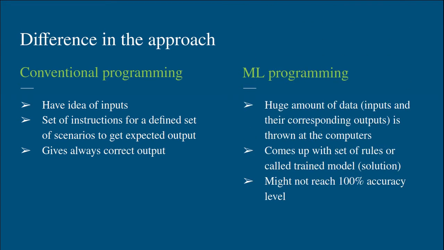Whereas in machine learning, a huge amount of data is thrown at the computer, which in turn processes all the data and comes up with something called a trained model or solution, which can map input to output with the minimum possible error. Then this model is used to solve the unseen problems of the real world. The conventional program will always give the correct output, whereas machine learning might not reach 100% accuracy.